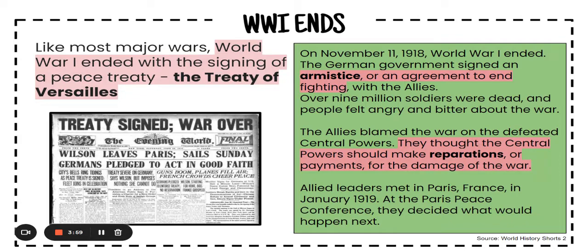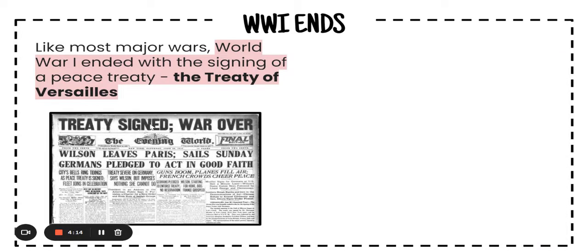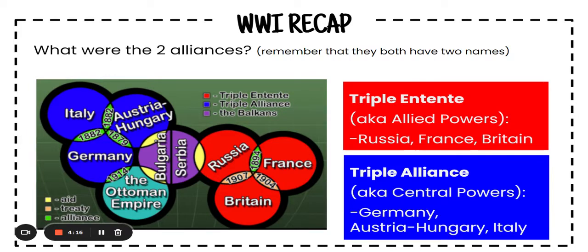So make sure you have the words armistice, so an agreement to end fighting. The German government said, okay, we're going to stop fighting. They signed this document with the Allied powers. So going back for a second and thinking about who the Allied powers were. The Allied powers were the Triple Entente, Russia, France, and Britain.